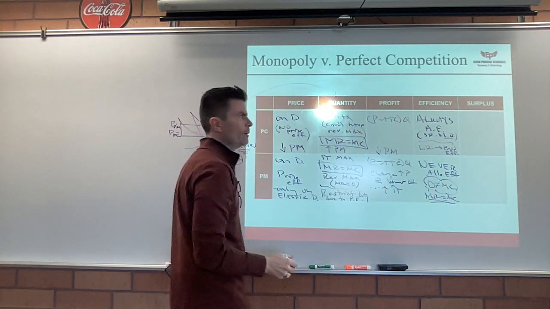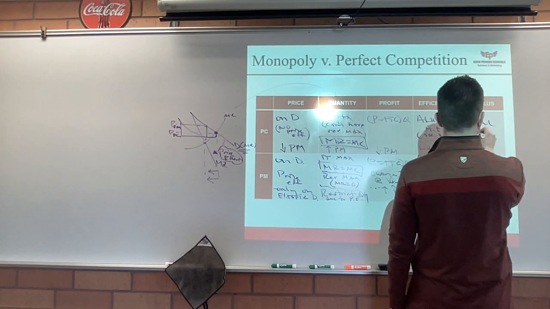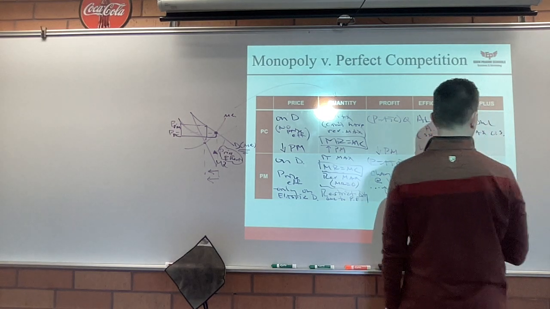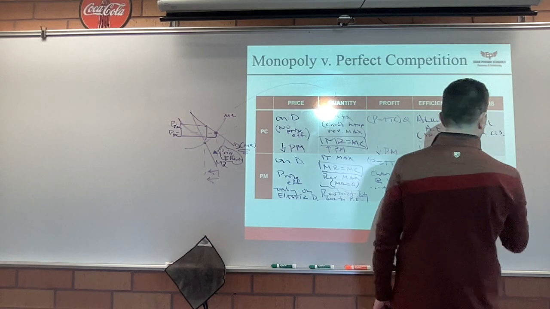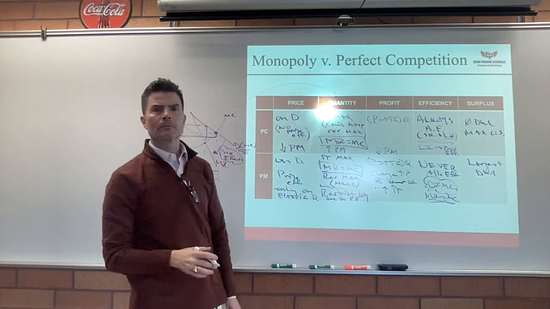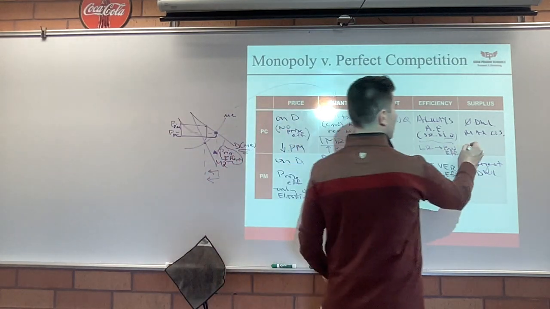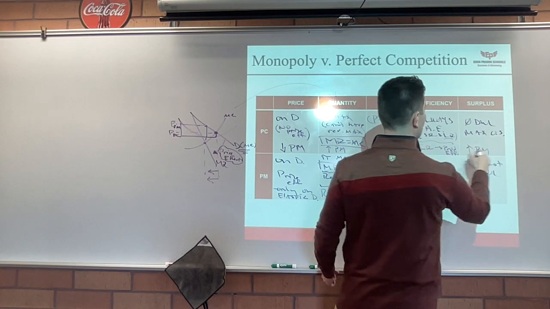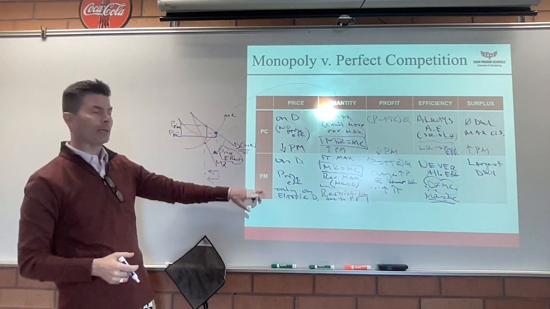I can't produce there. And lastly, surplus, zero deadweight loss, maximizing overall surplus. Here we have the largest deadweight loss of any market structure. The largest of any market structure. So we would say that there's a higher overall surplus for perfect competition than pure monopoly.